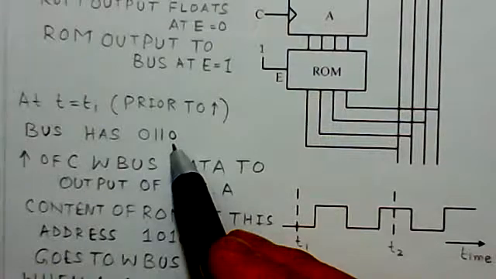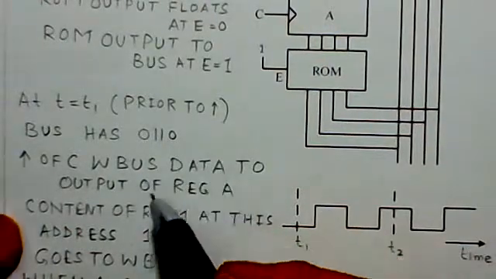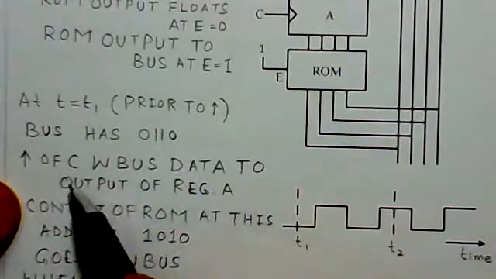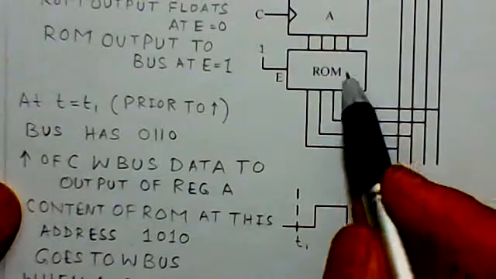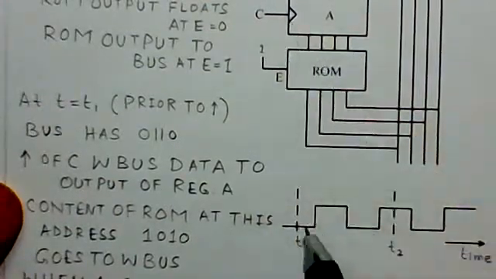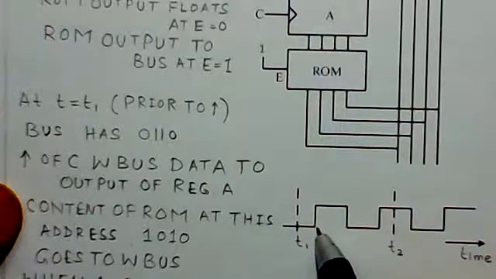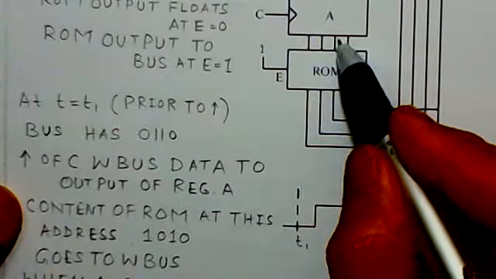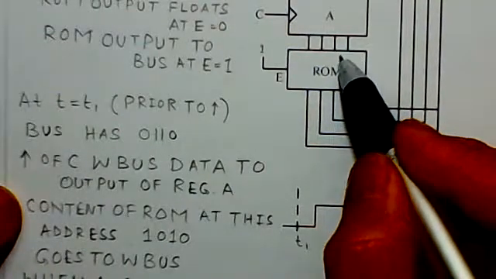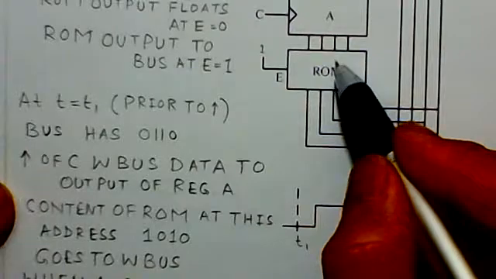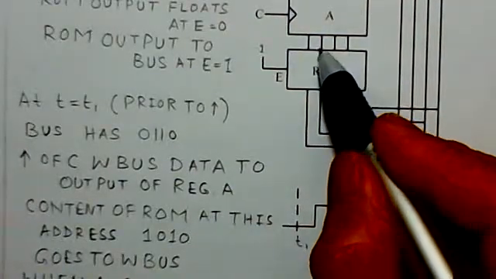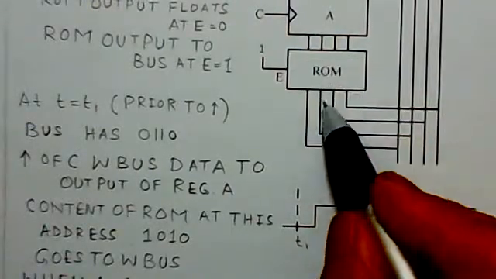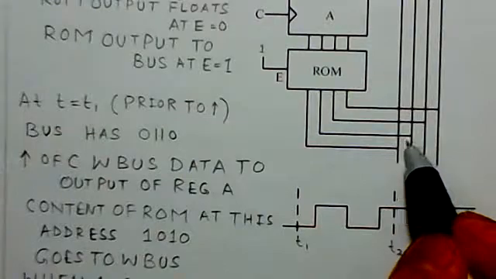So this 0110 data is loaded to the register at the rising edge of the clock, because the clock rising edge comes and the data would be loaded to the register. And once it is loaded, it will come at the output of the register and then to the memory address of the ROM. When it is coming to the ROM, the corresponding data stored on that location will be outputted and given to the bus.